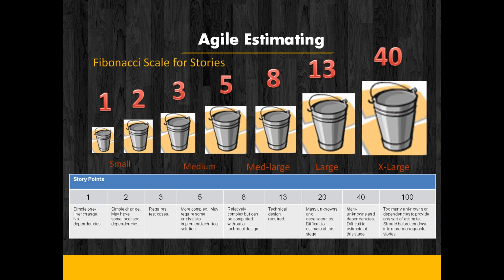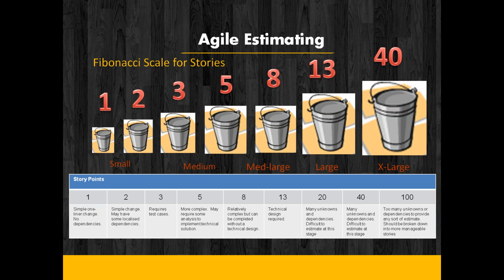Then you will compare it with the first task, that is with story point 1, and identify how much extra effort is needed to complete that requirement. And then you might assign it story point 5 because it needs 5 times the effort compared to the earlier user story or requirement.